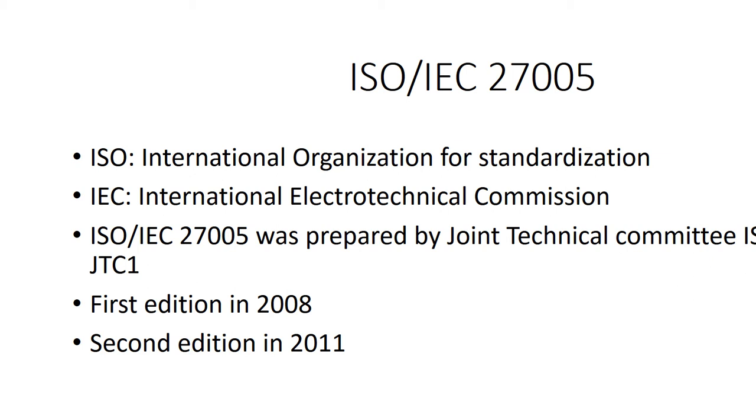The first edition of ISO 27005 was released in 2008, and the second version was released in 2011. So in this lecture and in this course, we are going to deal with the ISO 27005 version 2011.